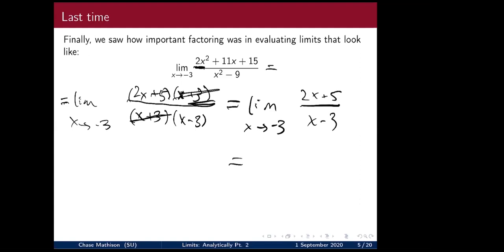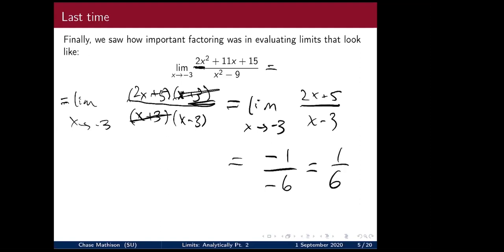Then we can plug in x equals -3 now, because it gives us no trouble now, right? So when I plug in -3, I get -6 plus 5 in the top. That is -1. And then when you plug in -3 in the bottom, -3 minus 3, that is -6.